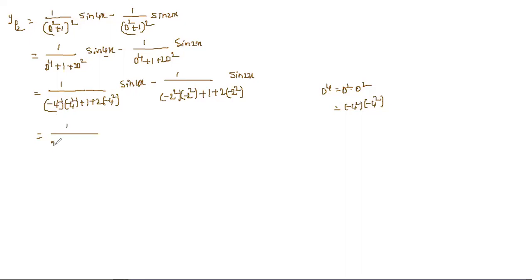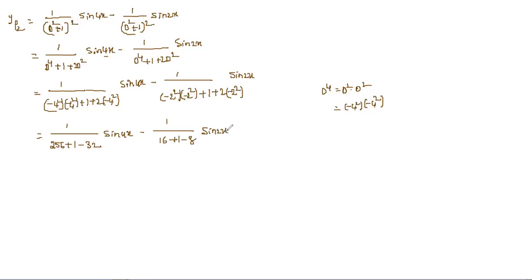so 16 into 16, 256, minus into minus plus 1, and this is minus 16 into 2, minus 32 into sine 4x, minus 1 by, so this is nothing but 4 into 4, 16 plus 1, and this is minus 8 into sine 2x.